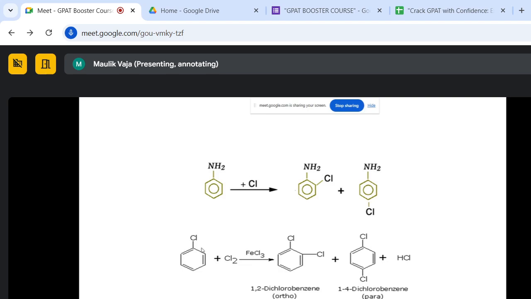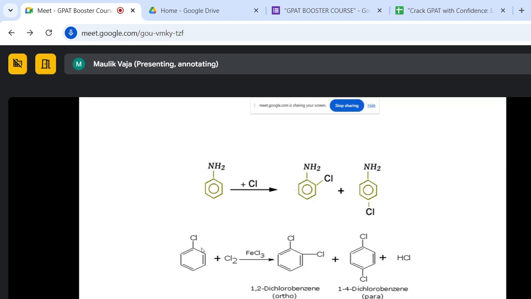Why? Halogens are electron withdrawing groups, but still they give ortho para attack. Till now we have learned that electron withdrawing groups give the meta product. If the benzene ring contains an electron withdrawing group, then it will give the meta product.